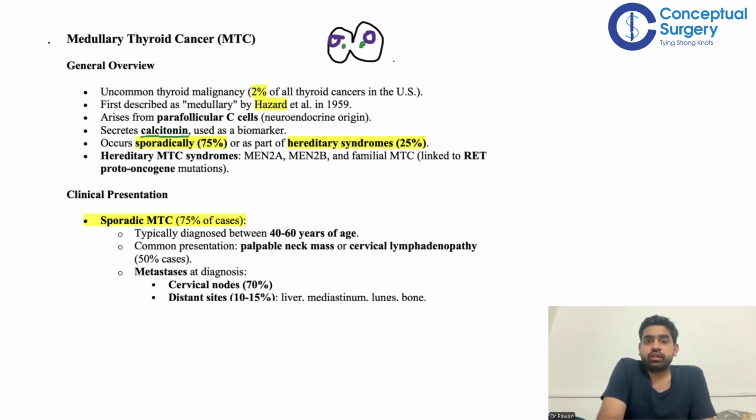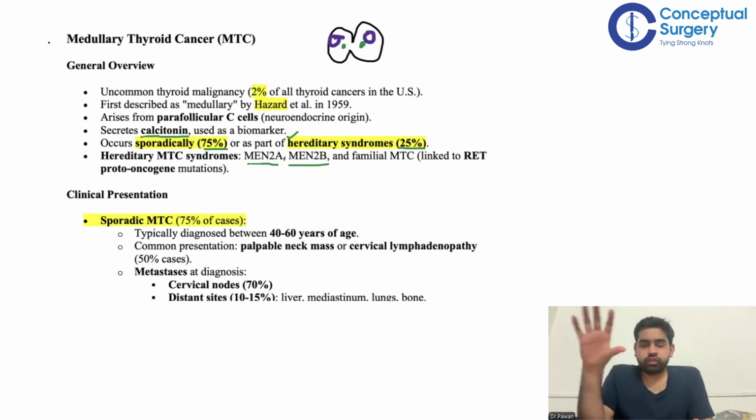On the other hand, in around 25% of the patients with medullary carcinoma of thyroid, it is hereditary. The syndromes associated with it are MEN2A and MEN2B syndrome. These are associated with hereditary medullary carcinoma of thyroid.